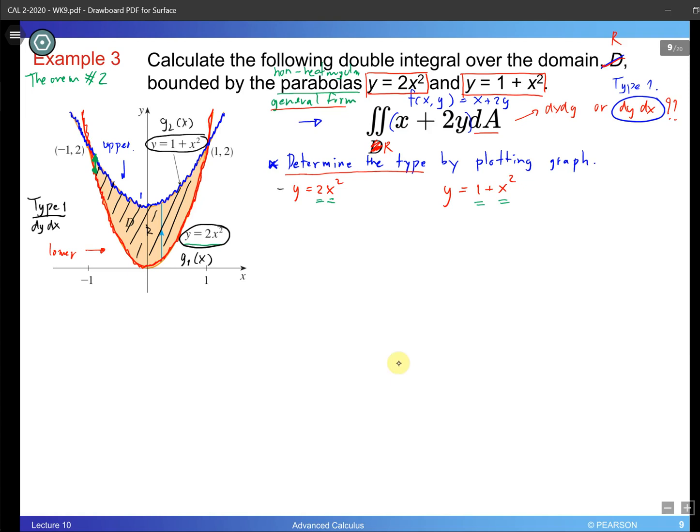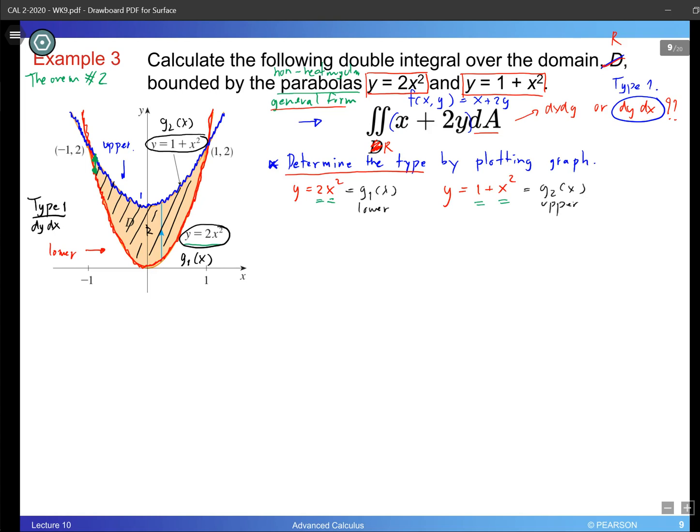So this is going to be equal to g1 of x, and this is going to be equal to g2 of x, and this is the lower boundary, and this is the upper one.